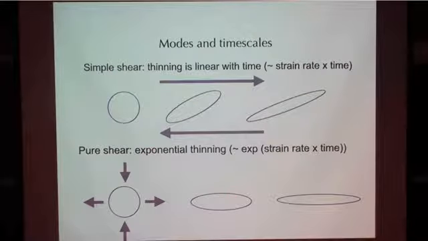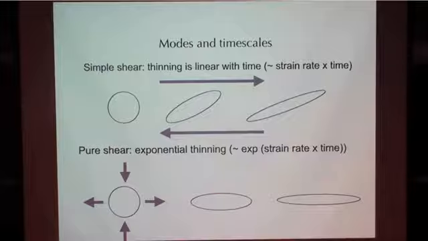But if we have pure shear, where we are stretching, pulling, and then thinning in the other direction, that rate of thinning is going to be exponential with the strain rate and time. And so in a flow such as any kind of mantle flow, where we have a mix of both pure shear and simple shear, where we could, in fact, break it down into those if we wanted to, the mixing, the stirring is always going to be dominated by the places where we have pure shear.